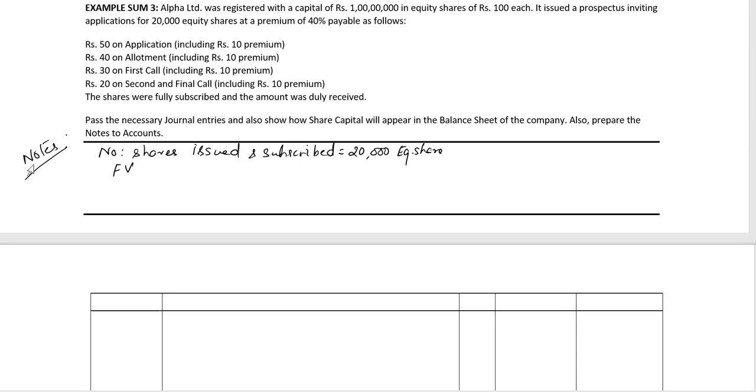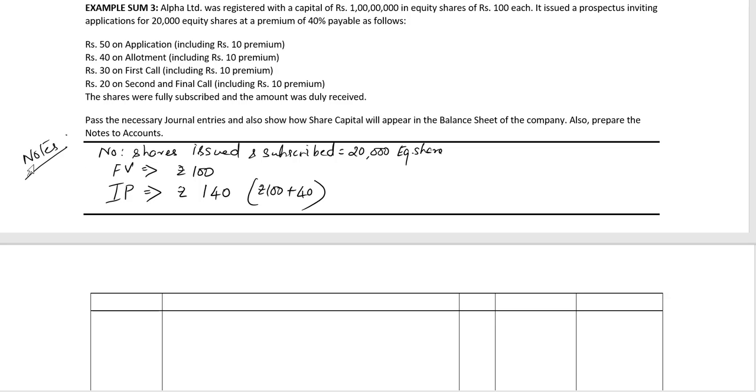The face value of the share is rupees 100 and the issue price per share is at 40 rupees premium, 40% of rupees 100 face value. So issue price is rupees 140, which is rupees 100 plus the premium of 40 rupees.